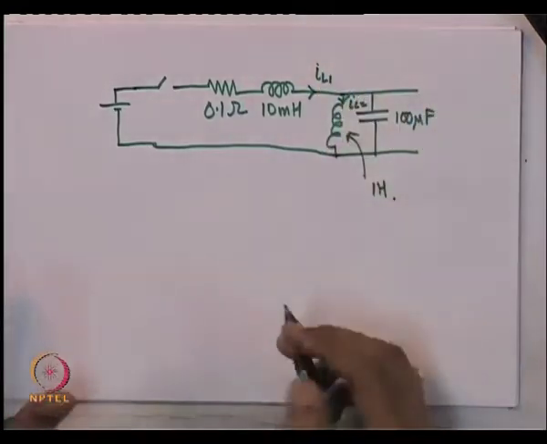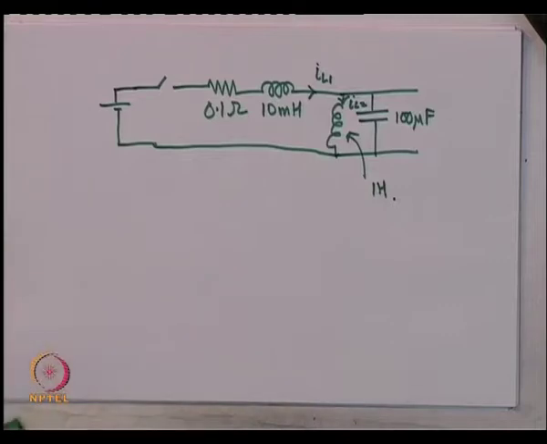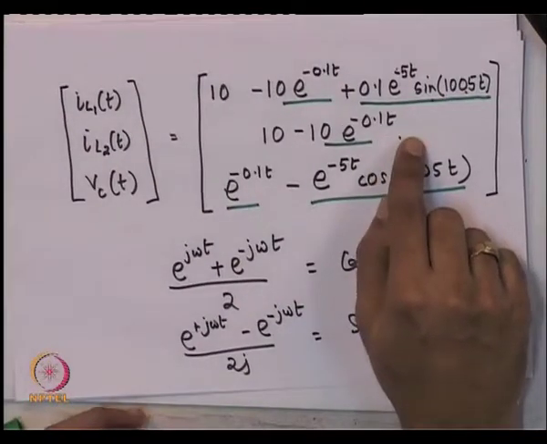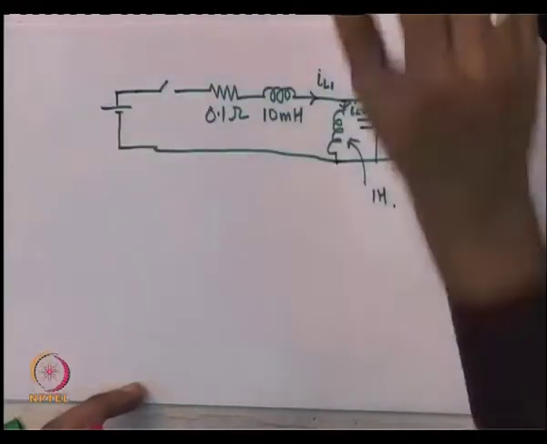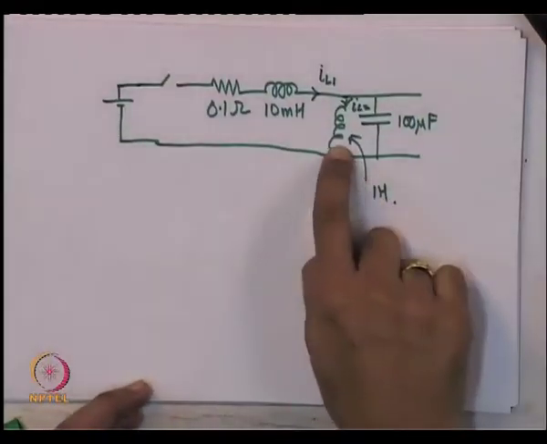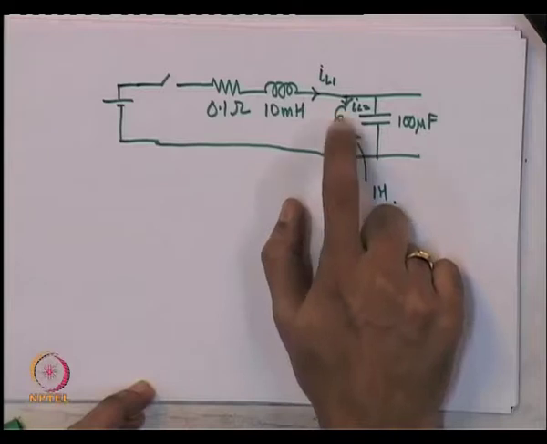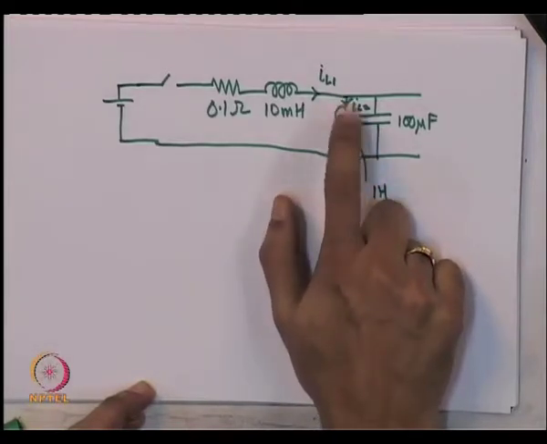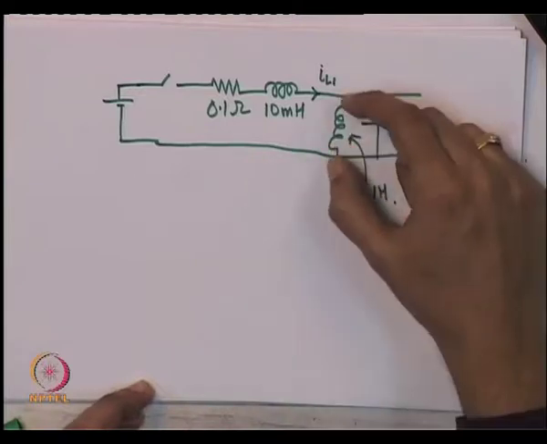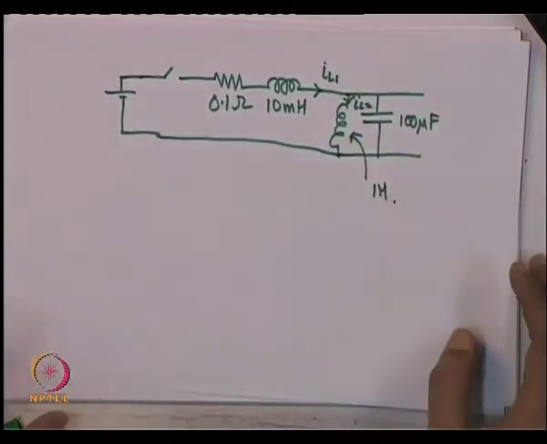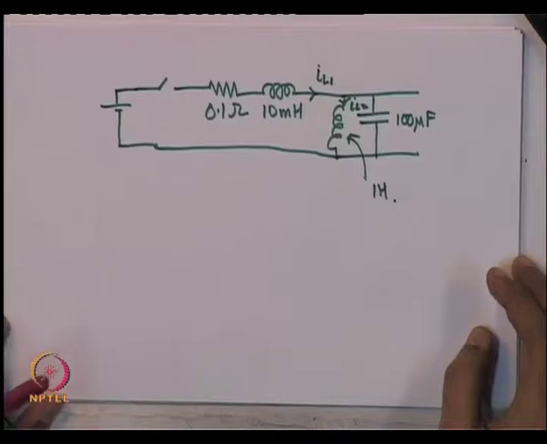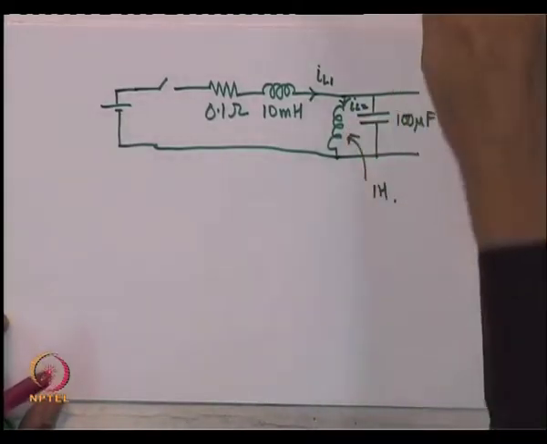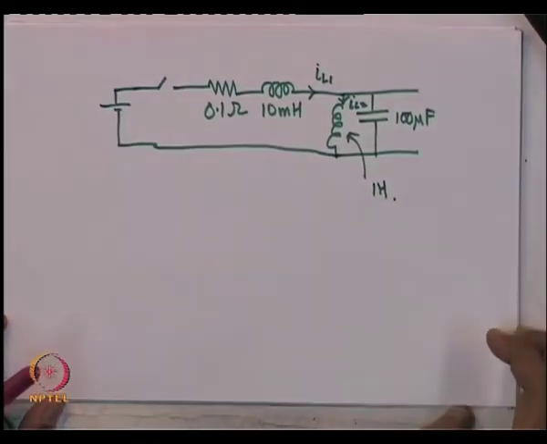Now, in IL2 we are hardly seeing any oscillatory component. That is because, intuitively, this being a very large inductor, it does not like large rates of change. So, you will find that this large inductor prevents a fast rate of change of the current. So, that is why in IL2 one is not surprised to see that the faster transient is not visible.